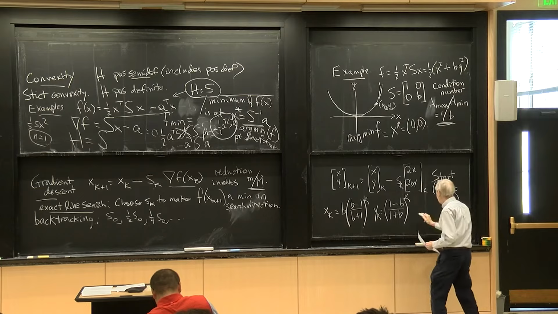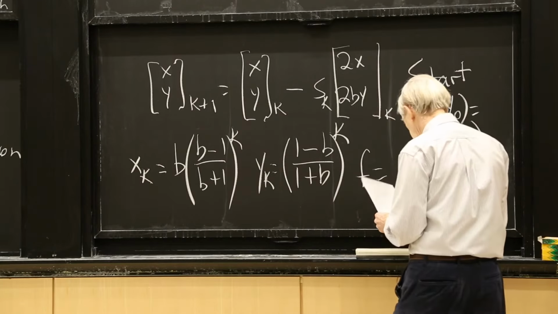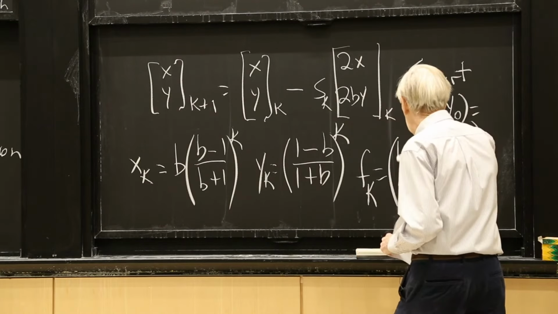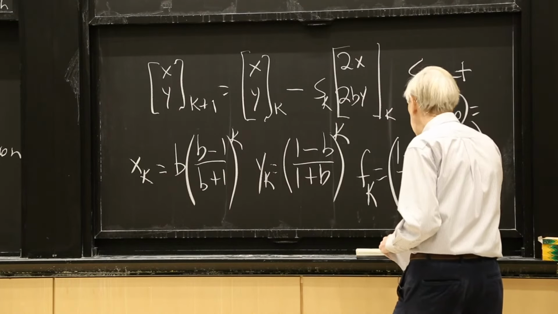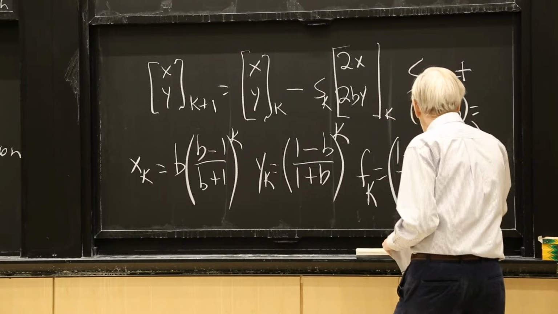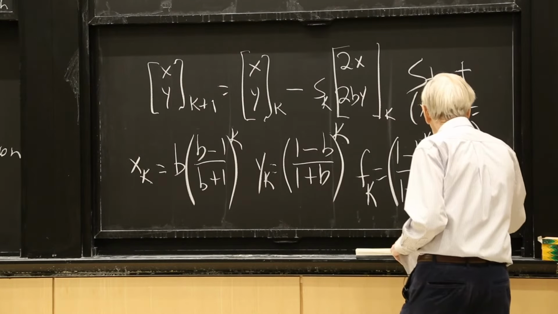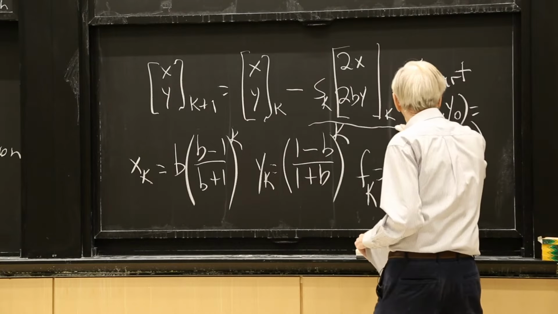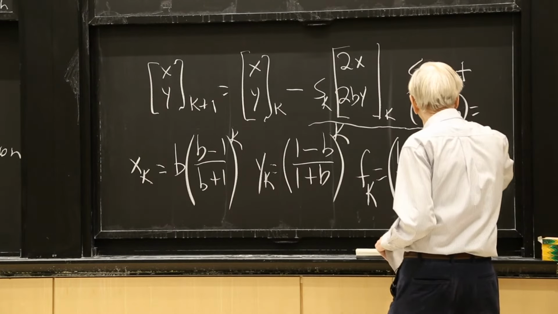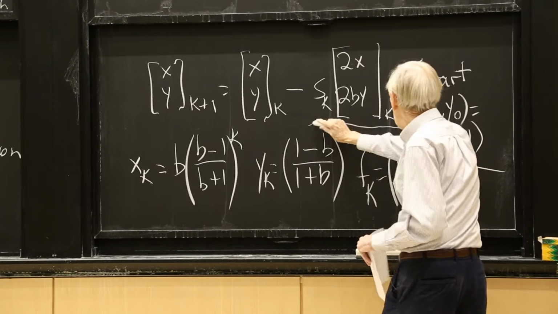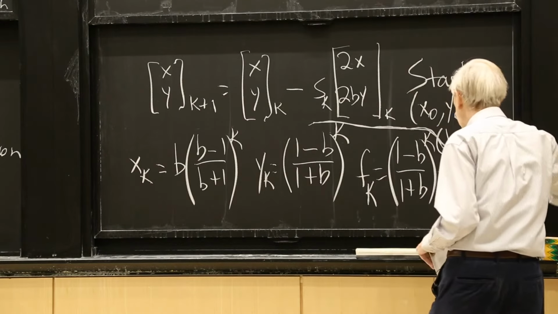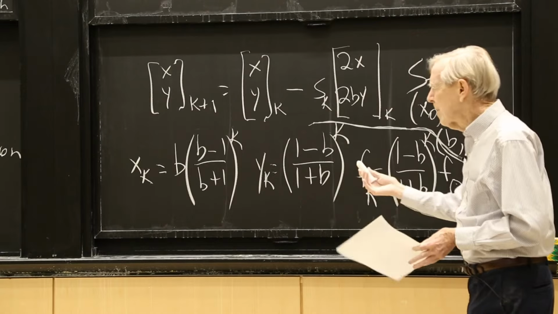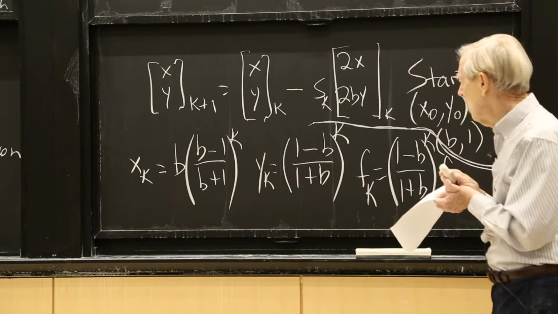And my function f has the same ratio too. f_k is ((1 minus b) over (1 plus b)) to the kth power times f_0. That's the beautiful formula that we're going to take as the best example possible.